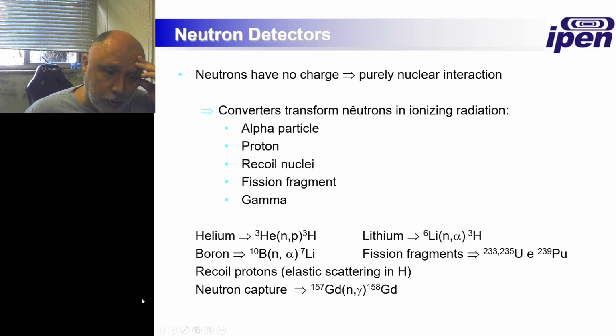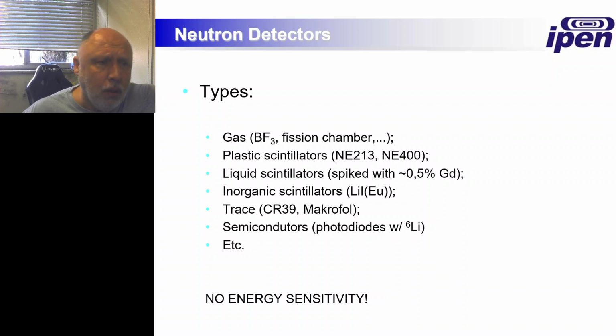There's also, for several uses, gadolinium, because in this case we're talking about a 50,000 barns cross-section, a giant cross-section, to produce gamma rays. And these gamma rays can be registered, for instance with a photographic plate. So neutron detectors are usually one of these types we have seen before.